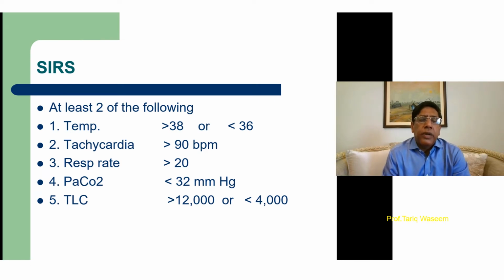But when it overwhelms, then of course the patient will be hypoxic, and he would also have difficulty in gas exchange, and particularly when the carbon dioxide starts retaining, then you develop hypercapnia, and the partial pressure of carbon dioxide in arterial gases may be less than 32 mmHg.